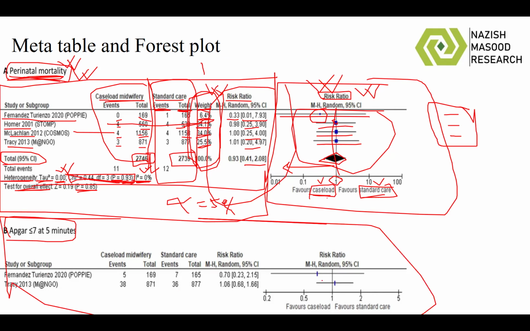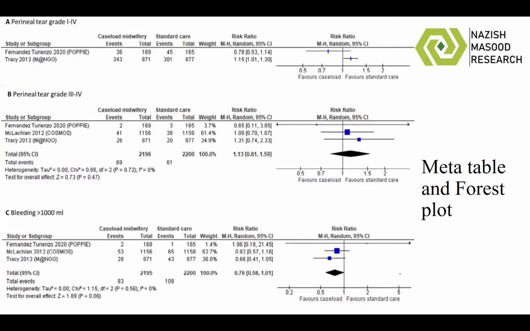Again, this also didn't come out to be significant, as this was capturing one. They did another similar subgroup analysis for perinatal tier, for caseload midwifery compared to standard care. And we saw that again, the confidence intervals are capturing one in this case. And we can also see it here.